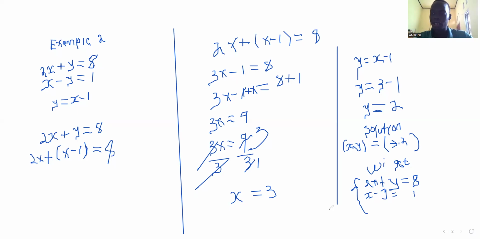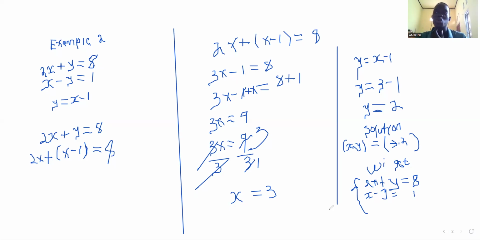A system of linear equations can have 3 types of solution. The first was one solution, when two lines intersect together, the intersection of lines. That's what we call the one solution.